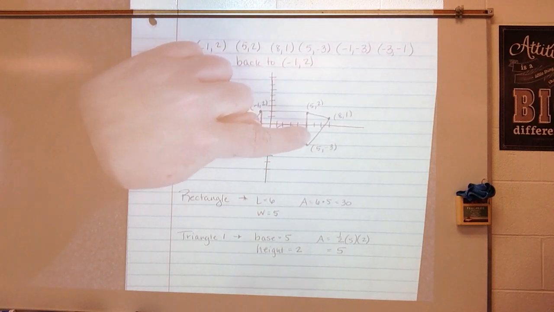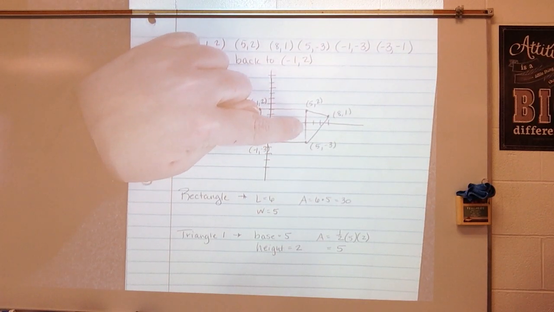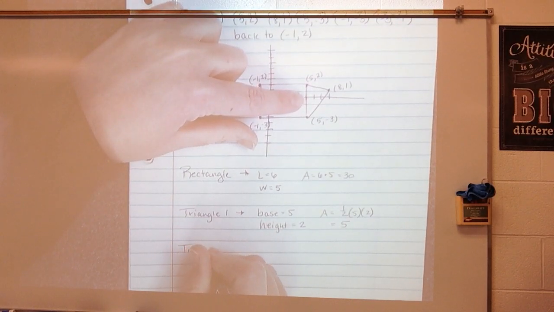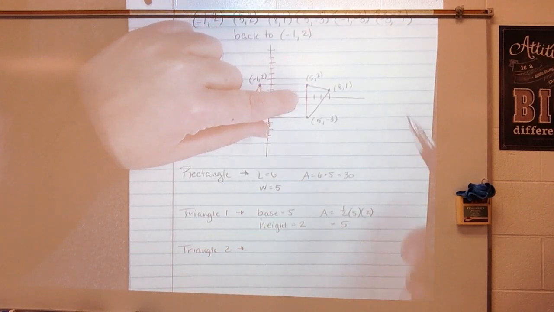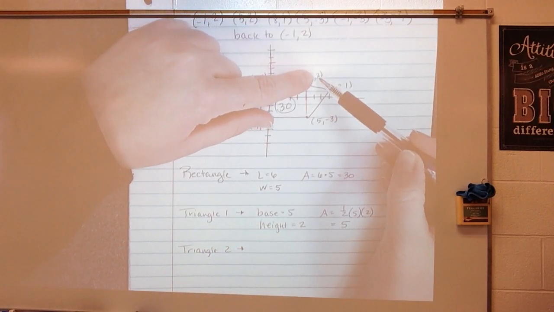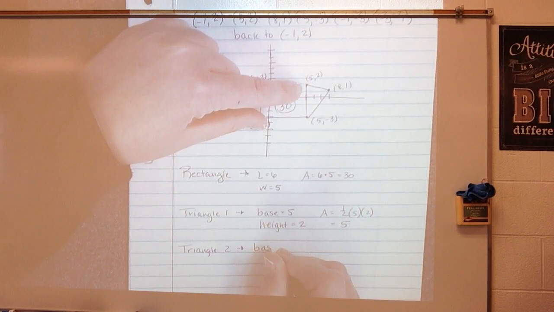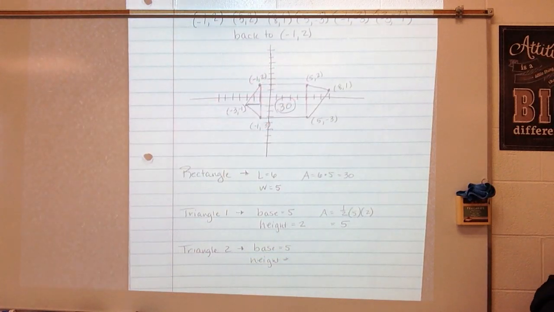Alright, let's look at the other triangle that I have here, triangle number 2. The base goes from 2 to -3, so the base is 5. Let's look at our height.